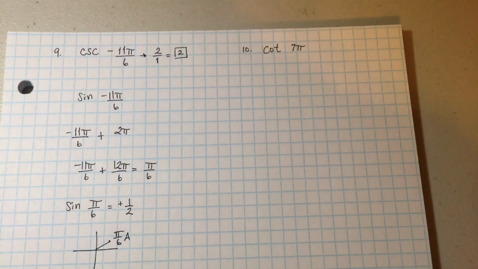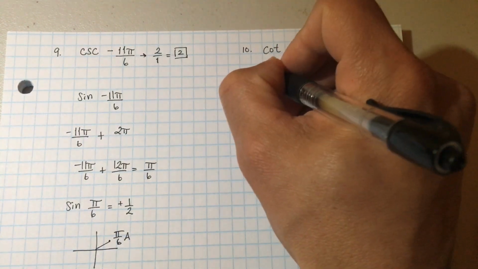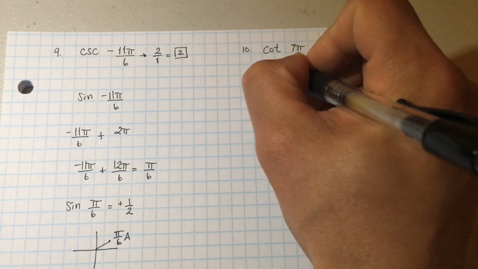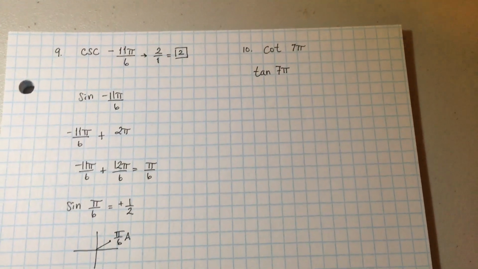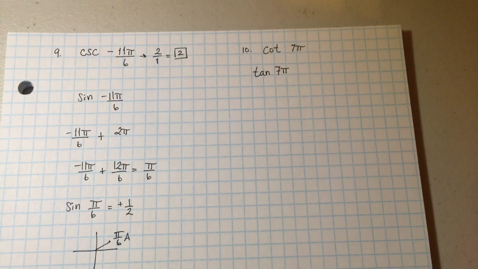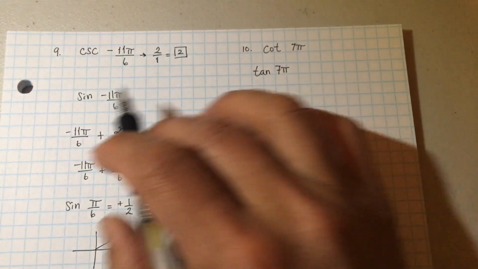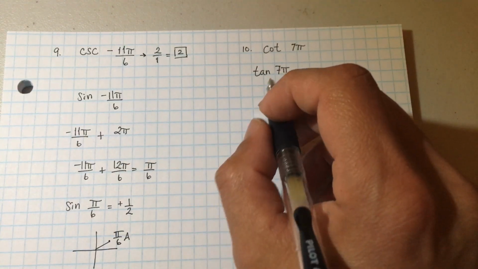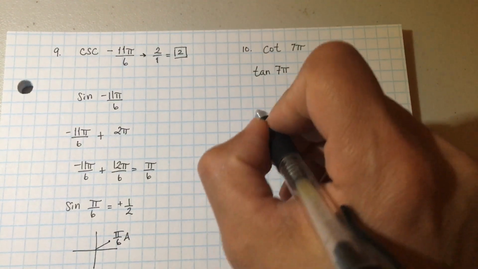Okay. Last one is cotangent of 7 pi. That's going to be the same thing as tangent of 7 pi. So I've got to figure out where that guy's at. Okay, that one's kind of weird, isn't it? Now, a couple of ways you can do this. You can do the same process here. Like, how many times does 1 go into 7? It would be 7, right?